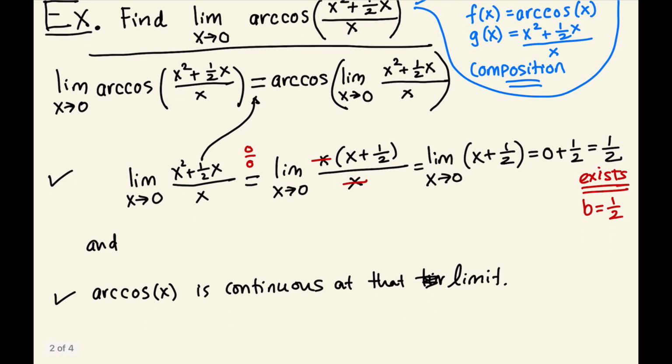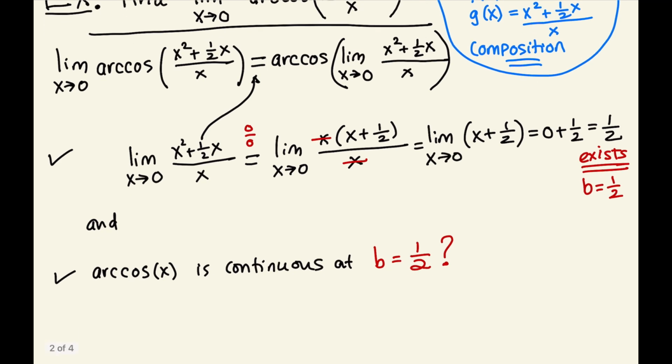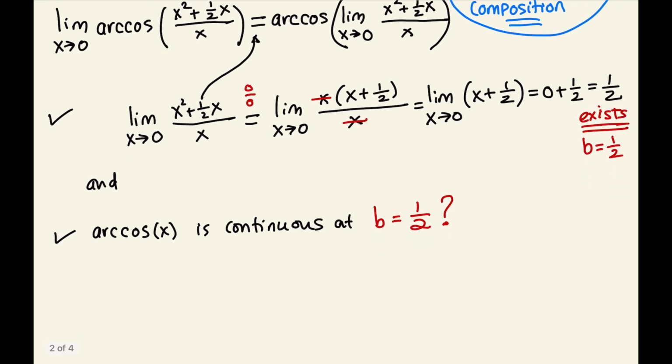So the second question I have is, so the limit here exists, is the arc cosine function continuous at b equal to 1/2? If you don't remember exactly what the arc cosine function looks like, I'm going to just pull up a graph really quickly.